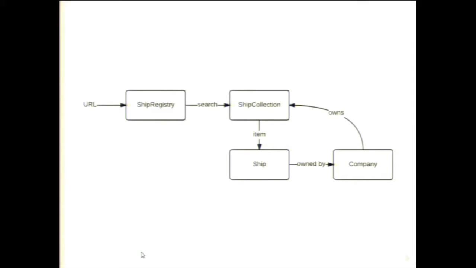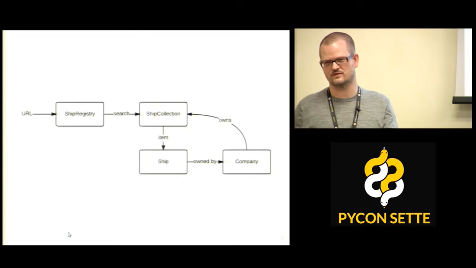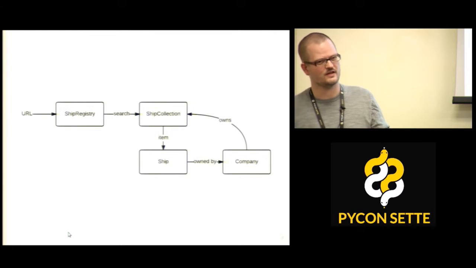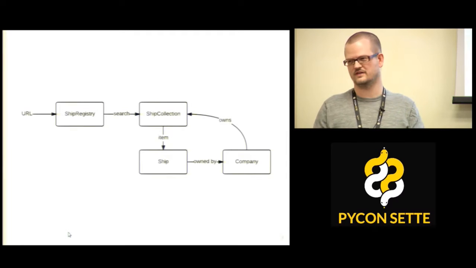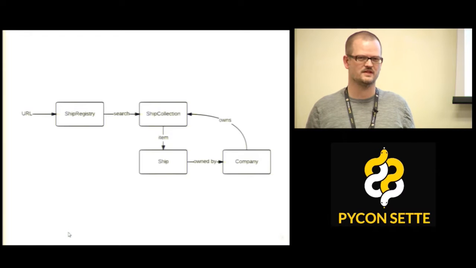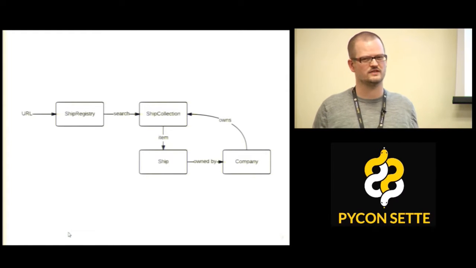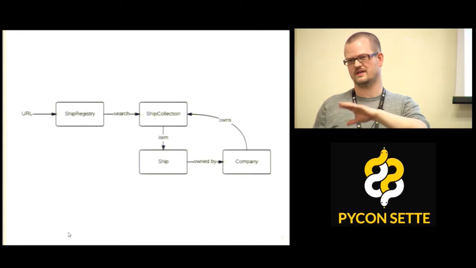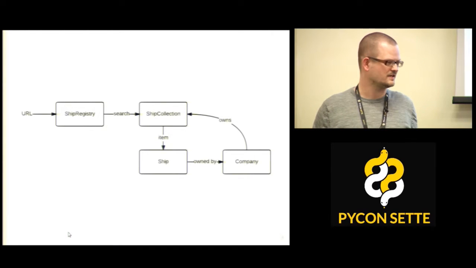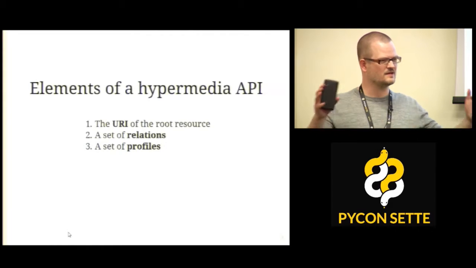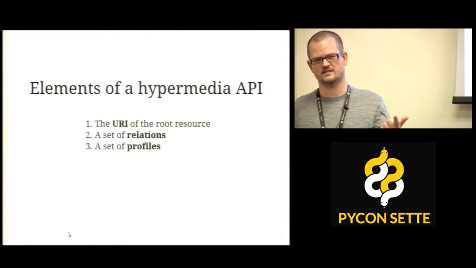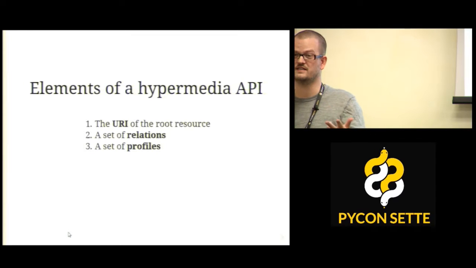And so the idea is that the client will not jump in and just get one ship. There's no documentation about how you will get a ship by going to this URL and typing something. It's all defined using these relations. And I'm going to show you in concrete how that works later. But the elements of a REST API are a root URI, a set of profiles, and a set of relations.